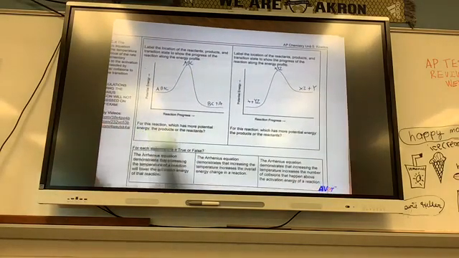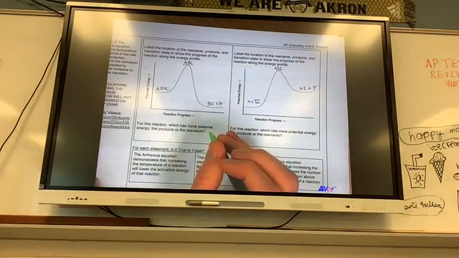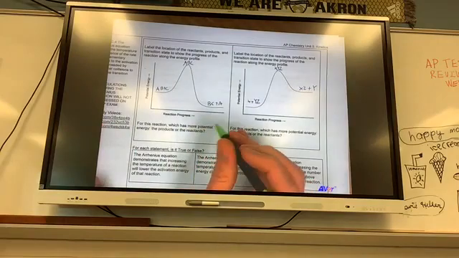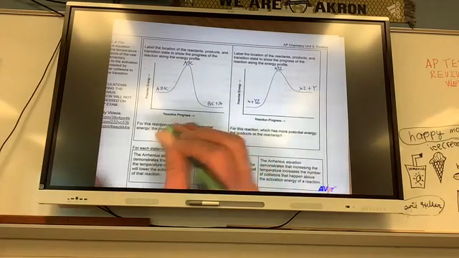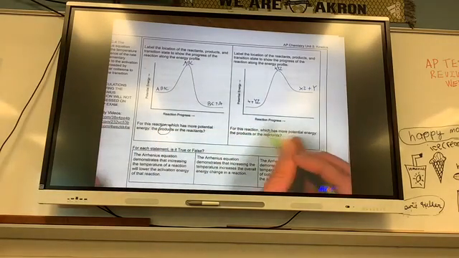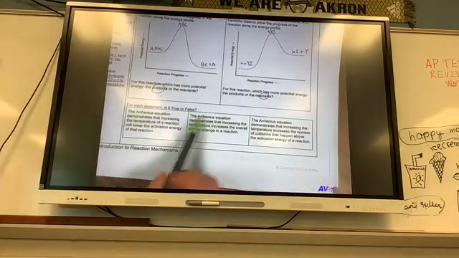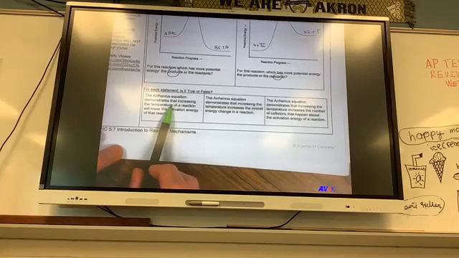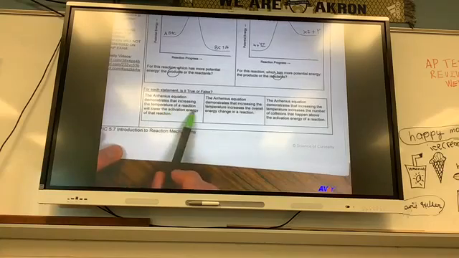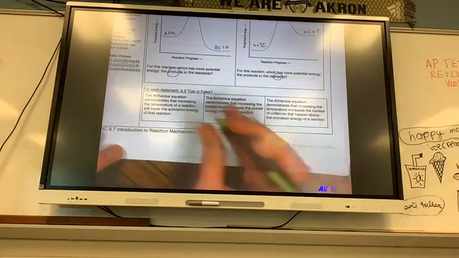So for this reaction, which has more potential energy, the products or the reactants? Well, on this one, it's going to be products. And on this one, it's going to be reactants. For each statement, true or false: the Arrhenius equation demonstrates that increasing the temperature of a reaction will lower the activation energy.